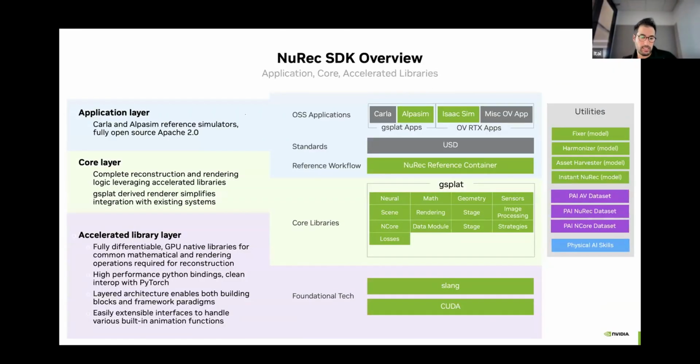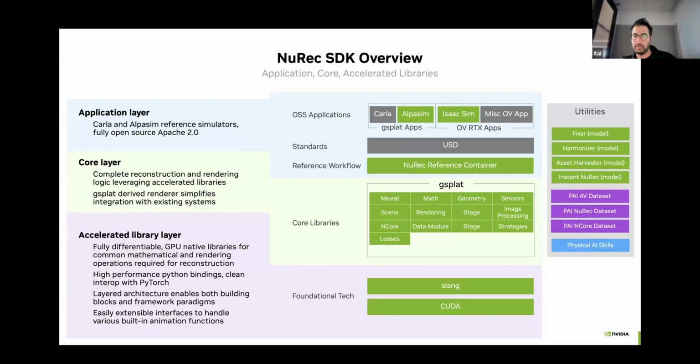The way we build our products at NVIDIA with NuRec, we try to build it as modular as possible, and it all starts with the lowest level that we can get to, which is the CUDA and Slang kernels that we accelerate. On top of them, we released a lot of our libraries already to GSplat that developers can use. And on top of them, we released what we call the NuRec reference container, which is our implementation for reconstruction and rendering that developers can take and leverage.